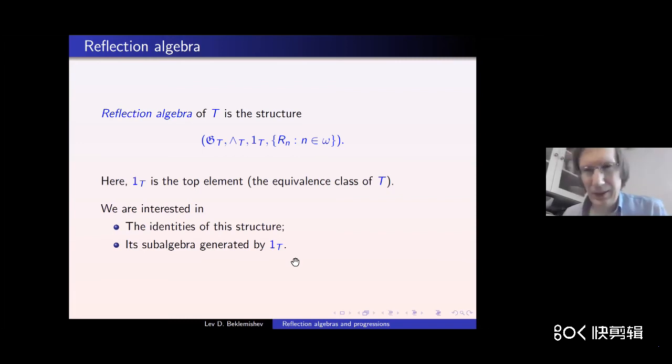Consider the set of elements of this algebra which are generated from one by applying all these operations, conjunction and Rn. This is called the one-generated subalgebra, or the minimal subalgebra of that structure, and it turns out to be related very much to proof theory. So these are two basic questions, and let us give quickly the answer to them.